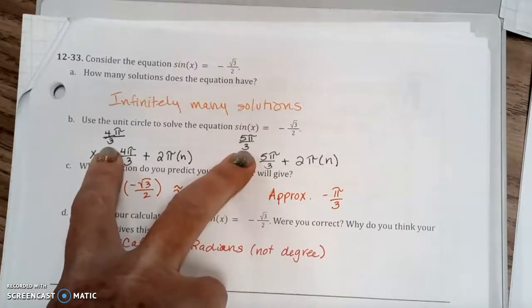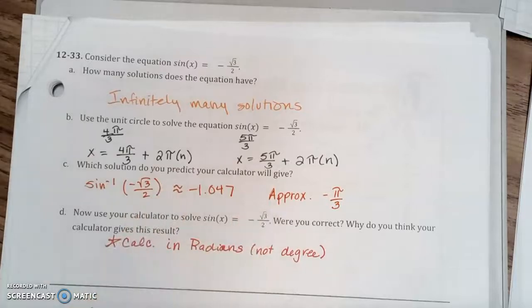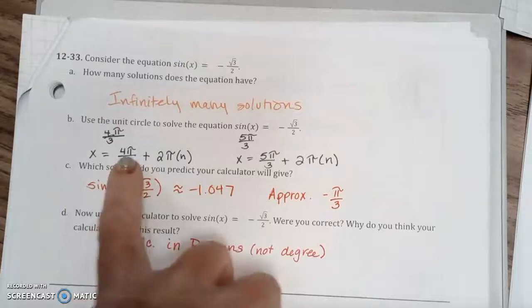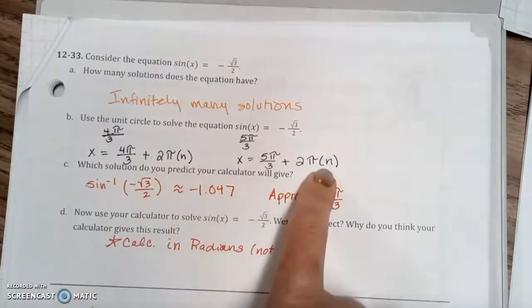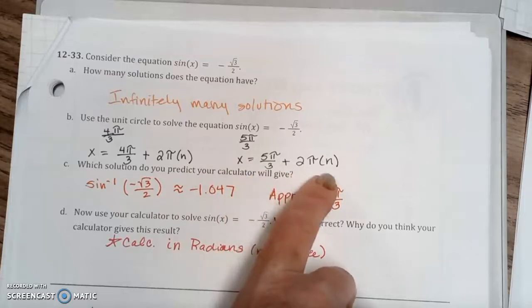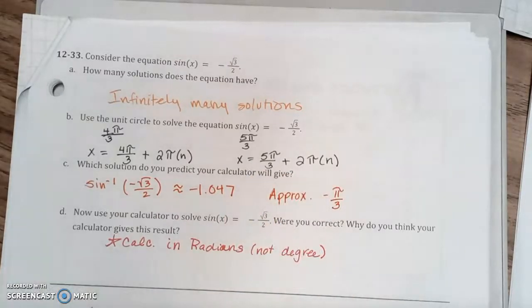You're going to see it at 4/3 pi and at 5/3 pi, which makes it seem like it's just 2, but it's going to be multiples of each of those, how many ever times you're going to keep going around that unit circle. So we write it as 4/3 pi plus 2 pi times n, and 5/3 pi plus 2 pi times n, how many ever times you're going to go around and around that circle.